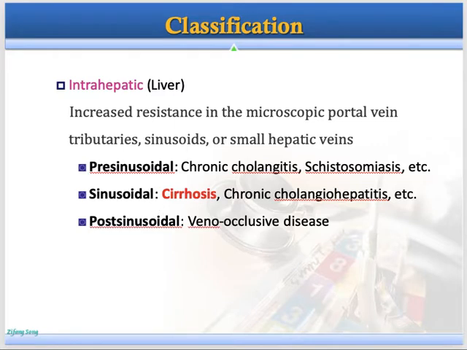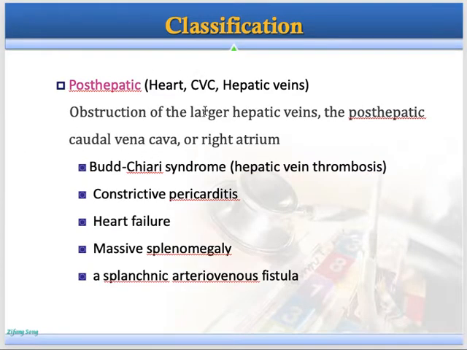So that is basically what will happen in the post-sinusoidal type. And post-hepatic is after the liver, so it could be obstruction of the large hepatic veins or the inferior vena cava, or for example, someone who has right heart failure. In right heart failure, what happens? The liver gets enlarged.